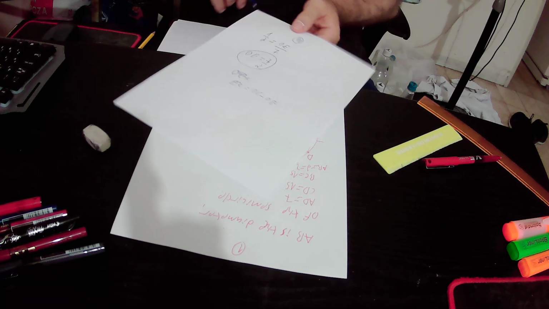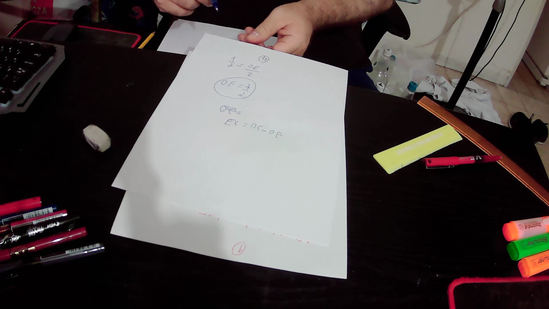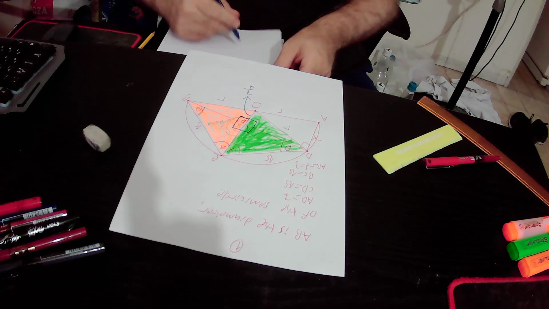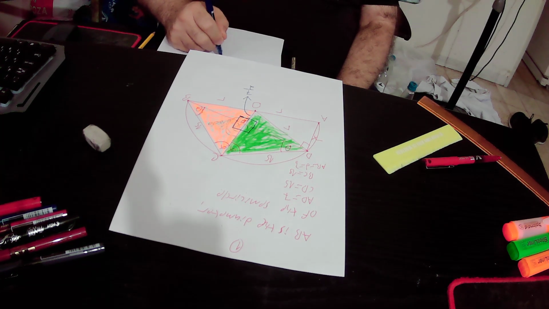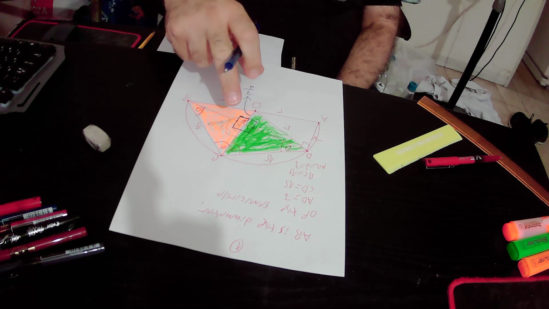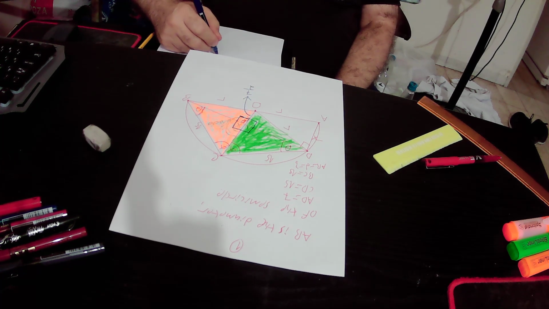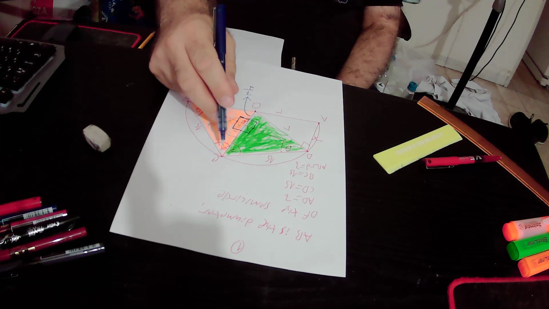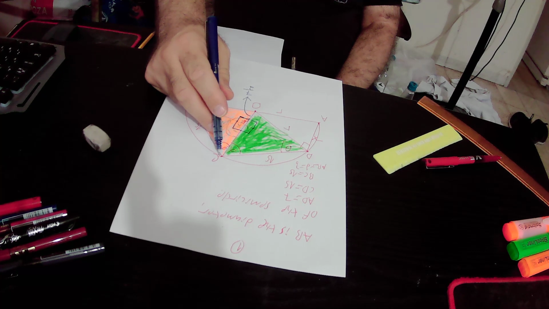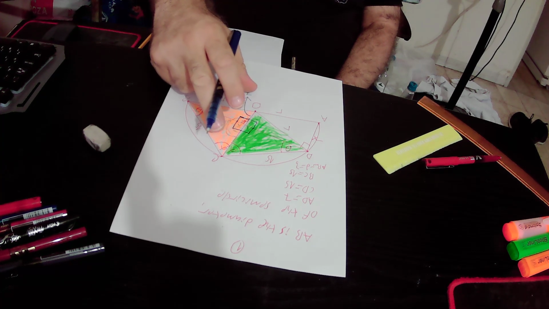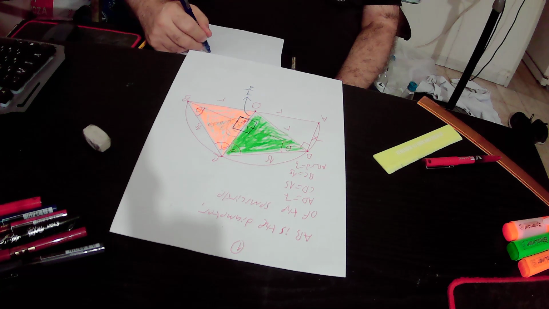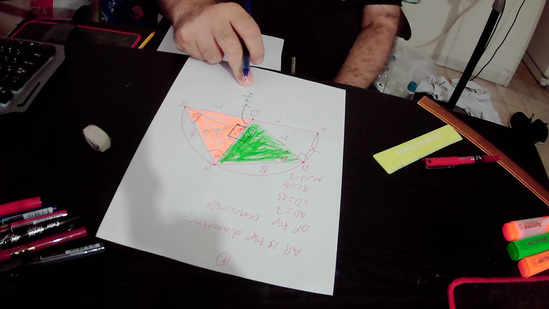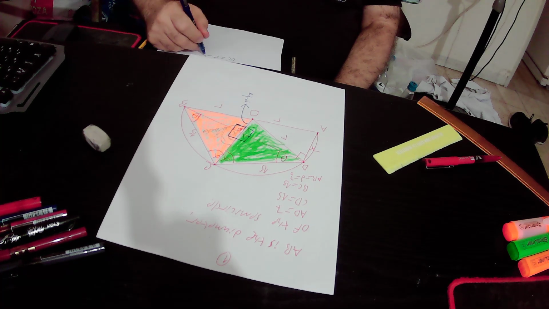So EC equals OC minus OE. OC is the radius of this semicircle. It equals R because it starts from the center of the semicircle and ends at point C, a point on the semicircle itself. Therefore, OC is the radius. And what is the value of OE? We have already found that OE is 7 over 2.